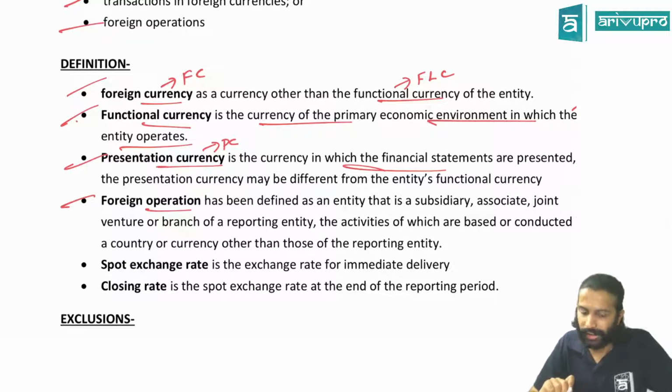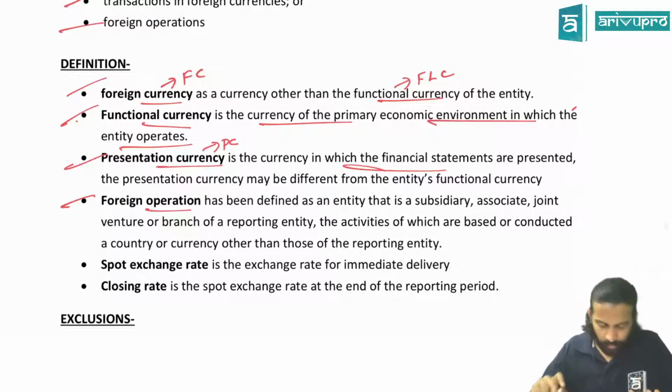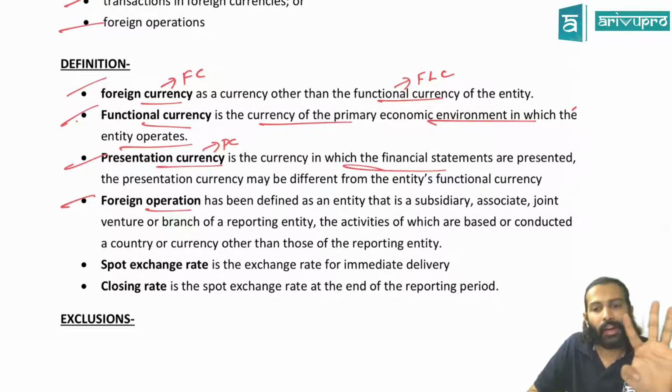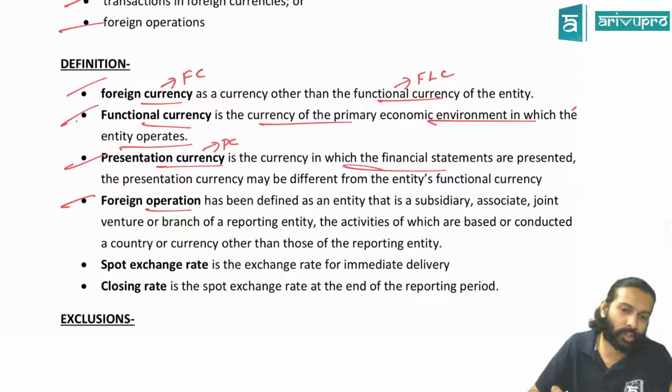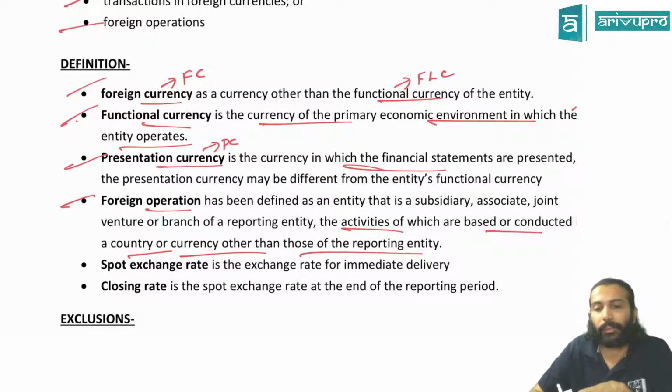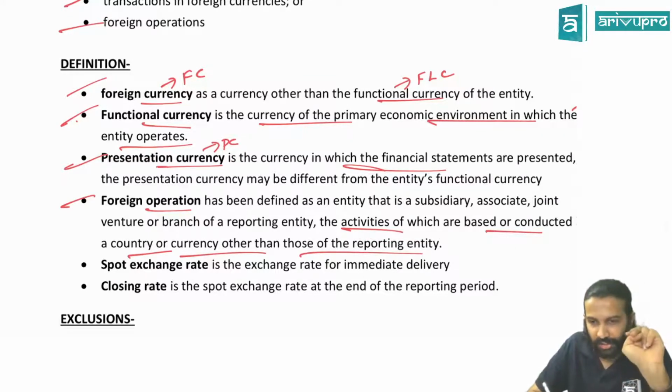Foreign operations. Again, another important definition. Foreign operations means any branch, any subsidiary, any associate, or any joint venture, situated or whose activity is conducted either in a country or in a currency other than that of the reporting entity. Two points I said there.